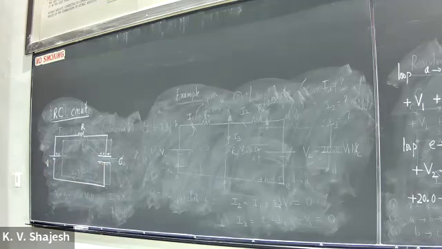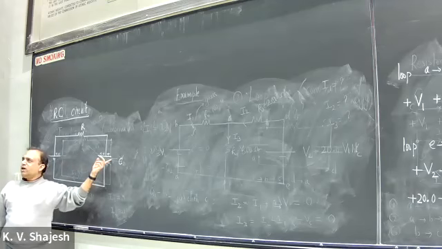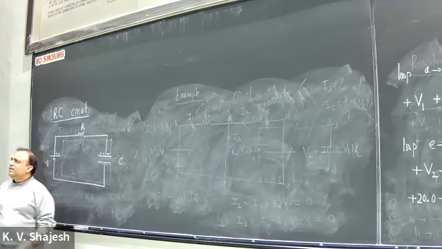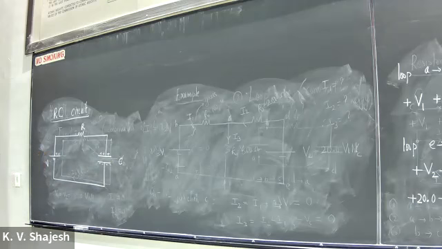And that leads us to ask, how much time does it take to charge a capacitor? So what is the time taken to charge a capacitor? That's going to be our analysis. And for this purpose, we write down our Kirchhoff law, right?